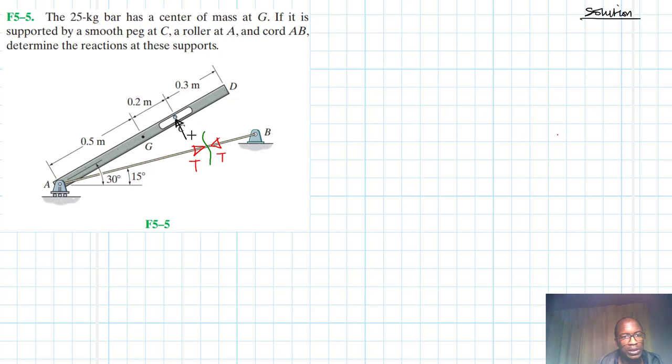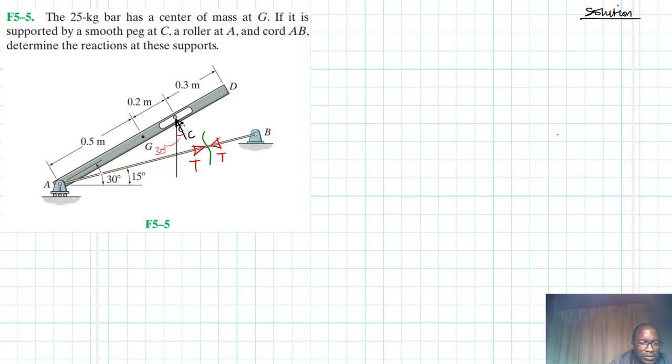All right, so let's call this our C. And we know this angle here, we've already been given this angle. If we were to draw this angle like so, this angle here is equal to 30 degrees.